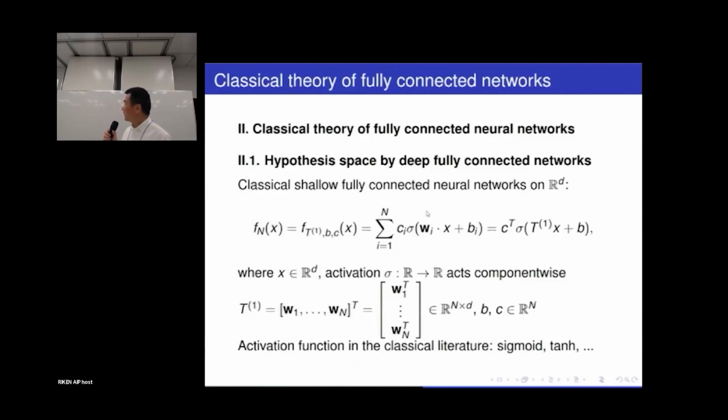If you take altogether n such hidden neurons, then the linear combination of these hidden neurons is the output of the so-called shallow neural network. If we express this in terms of a matrix T1, formed by the rows as the trainable vectors, then the matrix T1 is n by d. So altogether, there would be nd parameters to be trained, which is a lot if d is large and n is even larger.